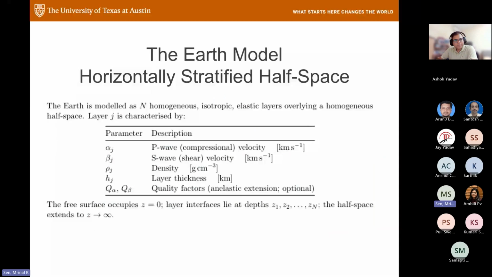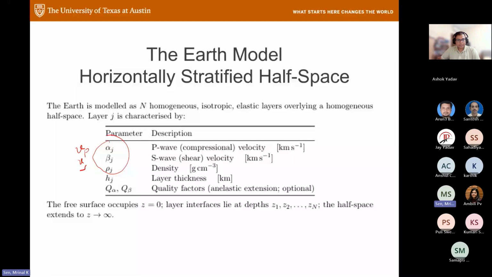So we assume a horizontally stratified half space. Let's say that I have n layers, and each layer is characterized by P wave velocity, shear wave velocity, and density. Oftentimes alpha, beta, and rho are used as symbols, but in many places you also see Vp, Vs, but they're the same thing. So each layer has alpha, beta, rho, thickness, Q alpha, and Q beta.